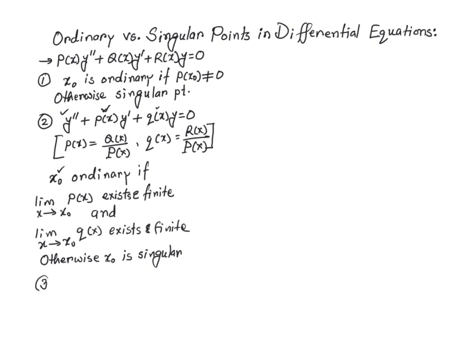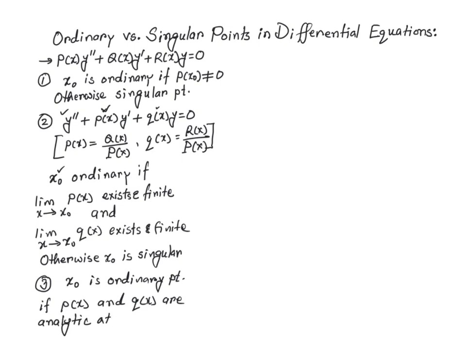And yet the third way of defining it is this. A point x naught is an ordinary point if p of x and q of x both are analytic at x naught, or some small neighborhood containing x naught.